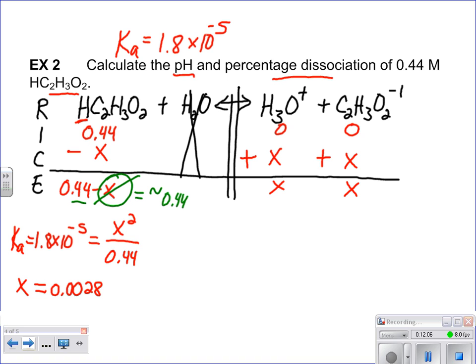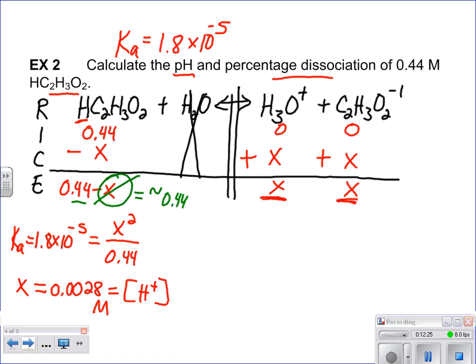So by finding my x, what I have just found is the concentration of my hydronium ion, or hydrogen ion, and my acetate ion. So this is also, if I throw an M in there, the concentration of my hydrogen ion.